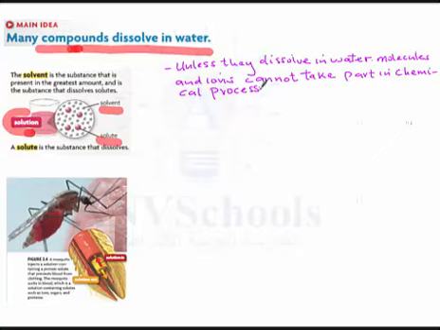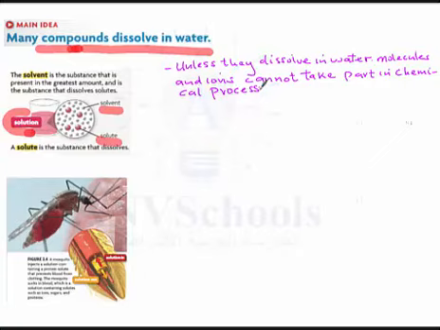Chemical processes may include respiration and all the other chemical processes that take place at the cellular level.